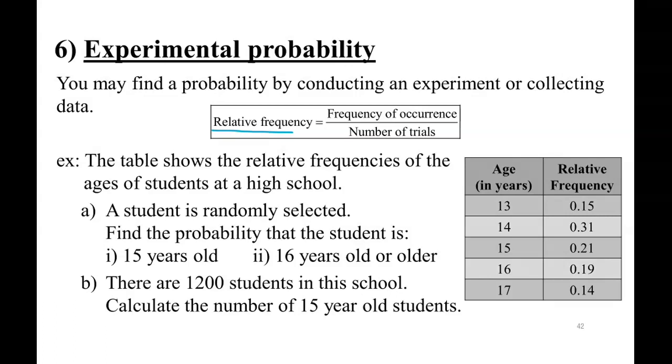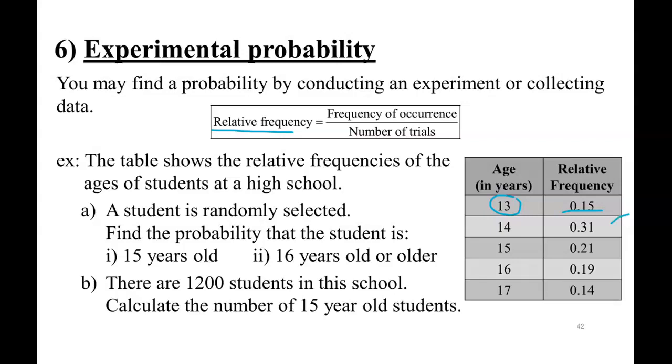For example, if we look at the table which shows the relative frequencies of the ages of students at a high school. Now the students aged 13 have a relative frequency of 0.15, which means that 0.15 is the probability of choosing a student with an age equal to 13.